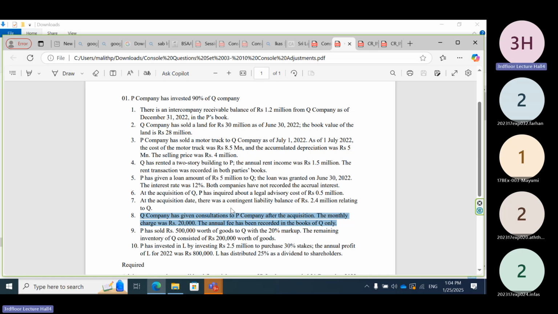You can think we add these together to this side. Now, when we put console, what do we do? Console means the line by line consolidation. We have two P&L, sales and cost of sales plus margin.